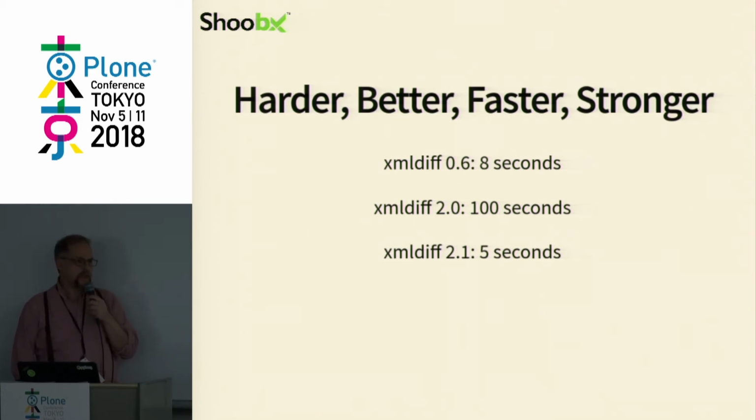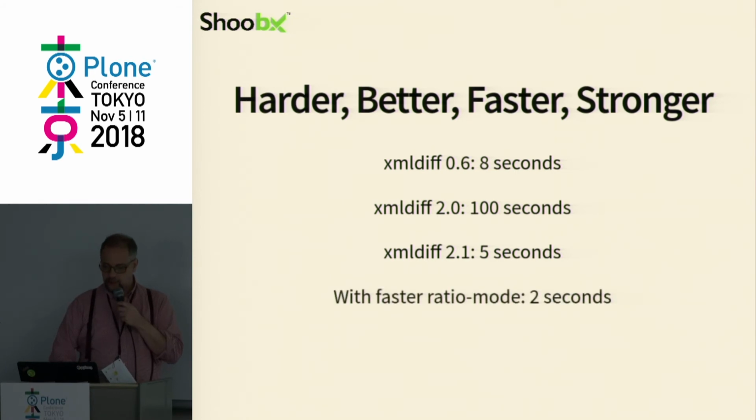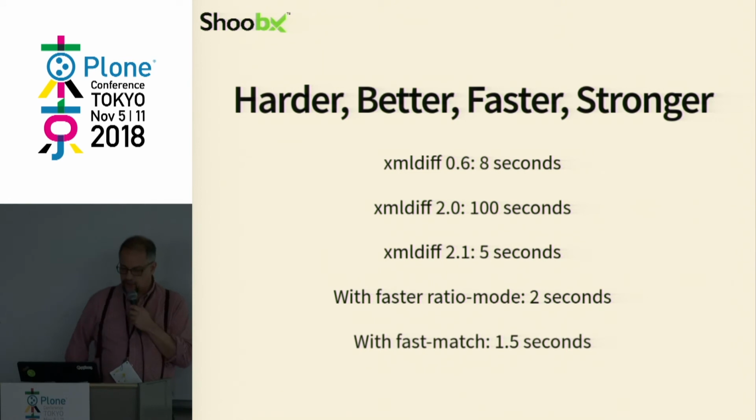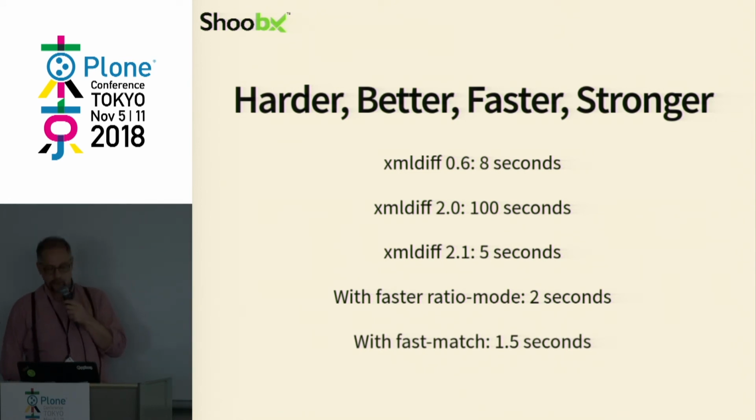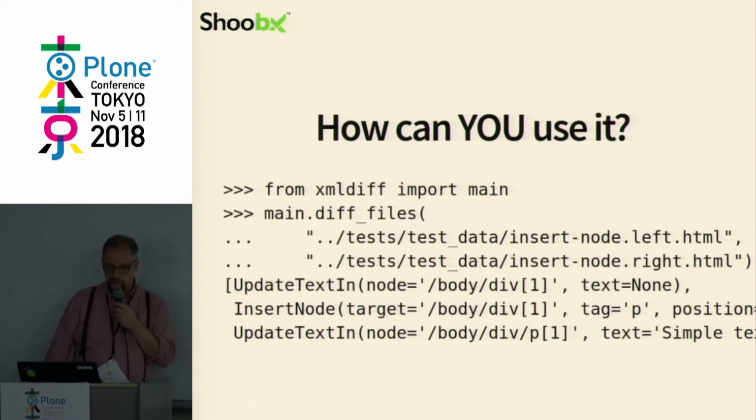I think 20 something if you use the accurate matching. But 5 with the default one, which is good enough. With less accurate matching, you get down to 2 seconds. And if we also use this fast match LCS algorithm, we're down to 1.5 seconds. So it means we get better matching and faster diffing, even though we're pure Python compared to XML Diff 0.6.